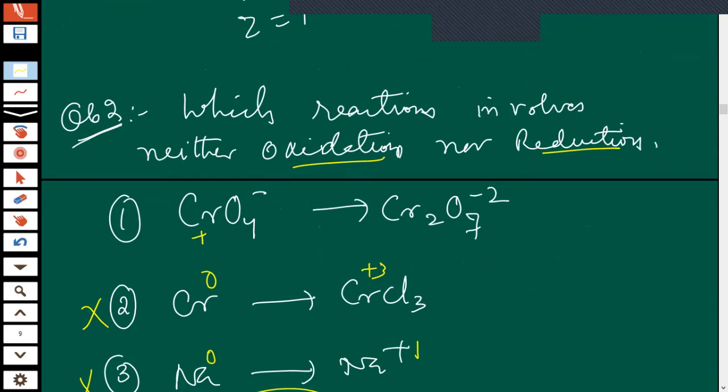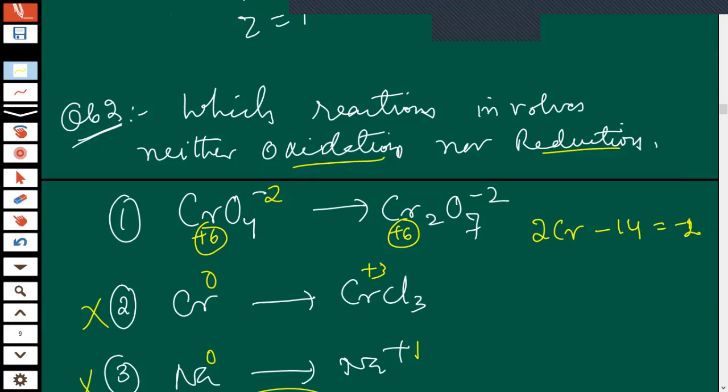In CrO4 minus 2, tell me chromium oxidation is plus 6. Here also on each chromium it is plus 6 only. Two chromiums are there, minus 14 plus 12 is equal to minus 2.